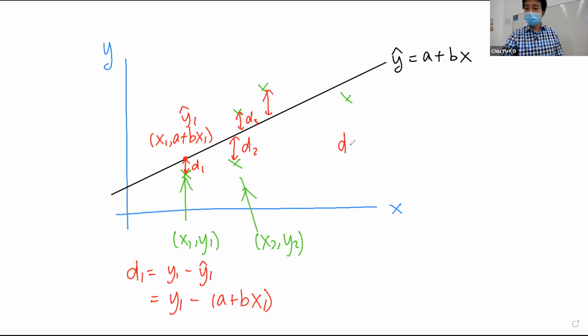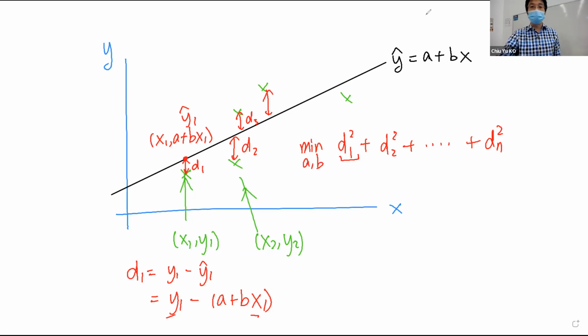And you try to minimize this sum up to Dn. Each one of these, we know the Y1, X1, the data. So the unknowns are A and B. So that is what you try to do, find A and B, which means that you try to find a different line.